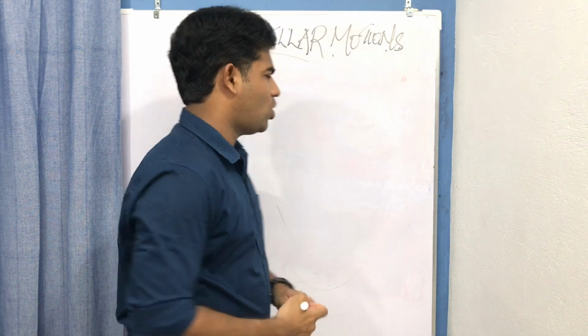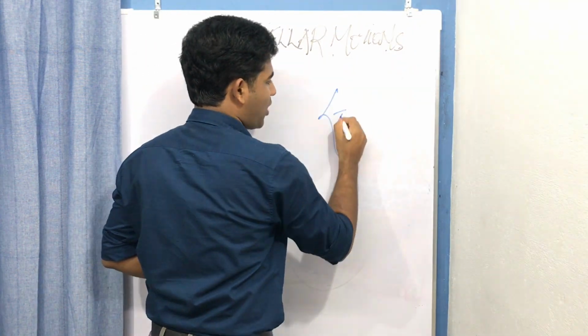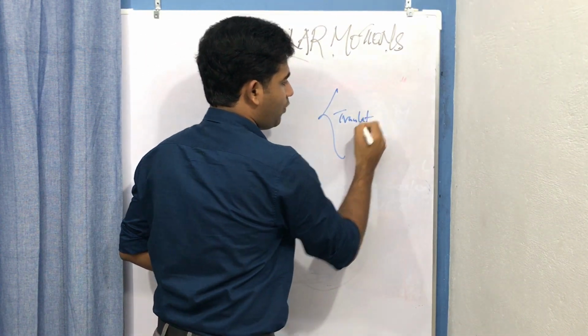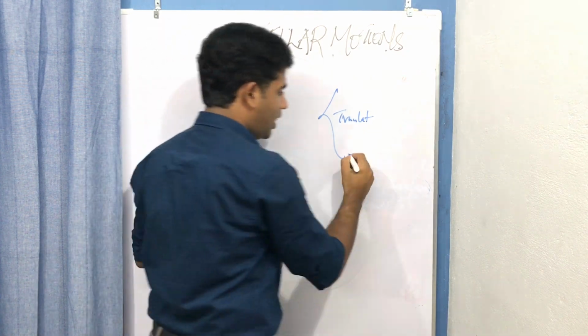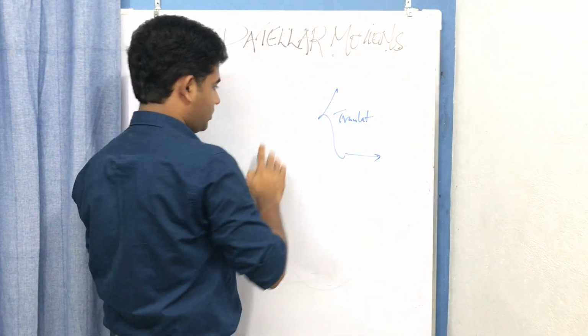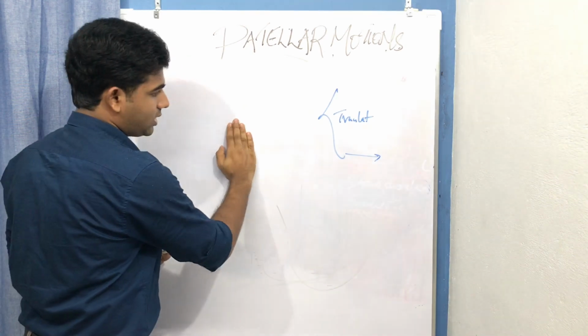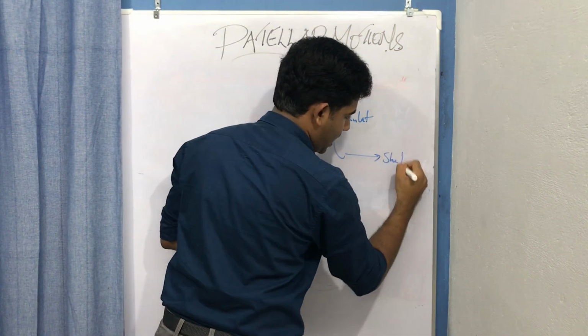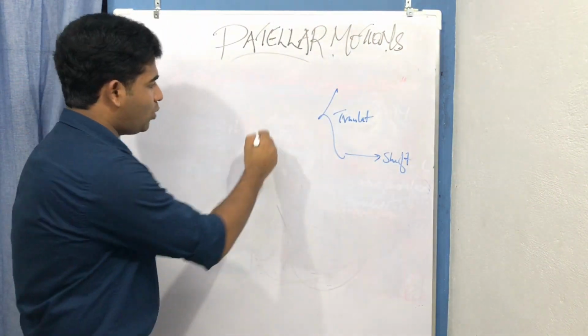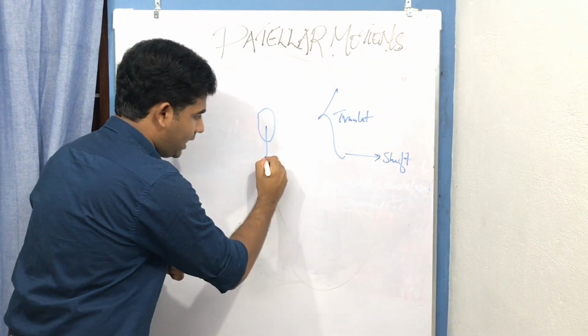And we just need to know two more motions, that is the translatory motions of patella, which we had already discussed. One of the translatory motions is this one, take and move to the side. That is the shift, medial and lateral shift. The other one we already saw, the patella is tracked down.